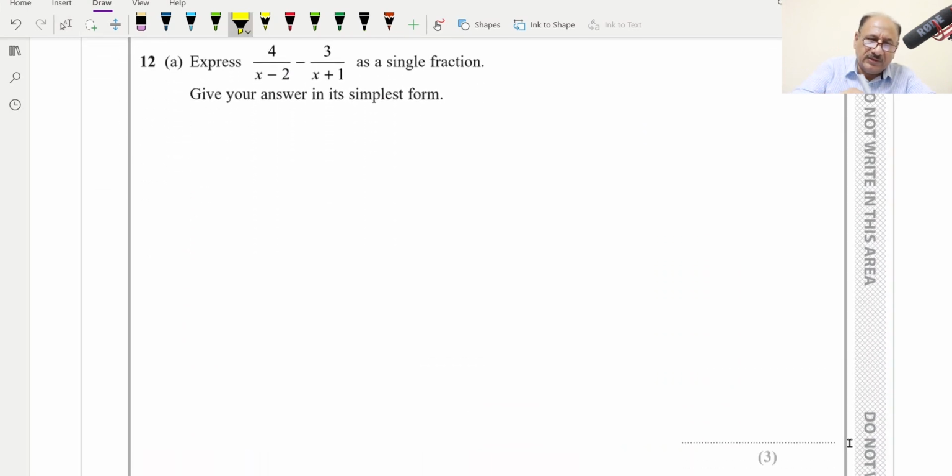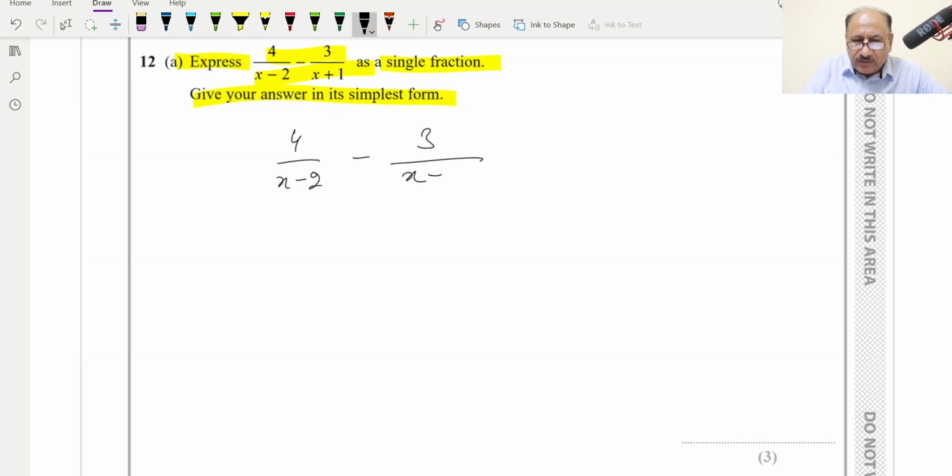Then question number 12. Express this one as a single fraction. Give your answer in simplest form. So we can write 4 over x minus 2 minus 3 over x plus 1, and we will be taking the LCM for both x minus 2 and x plus 1.